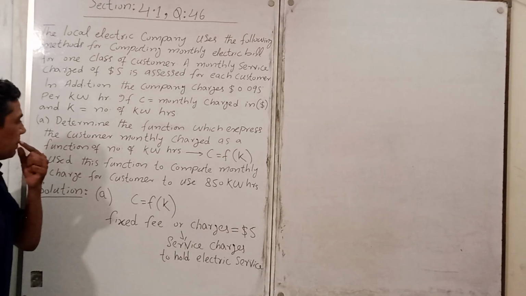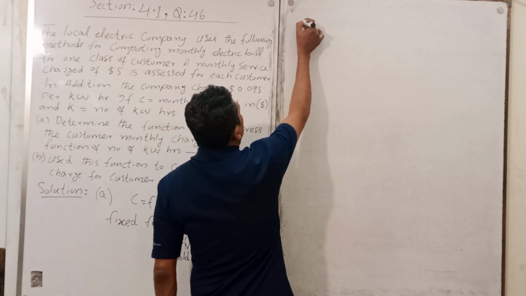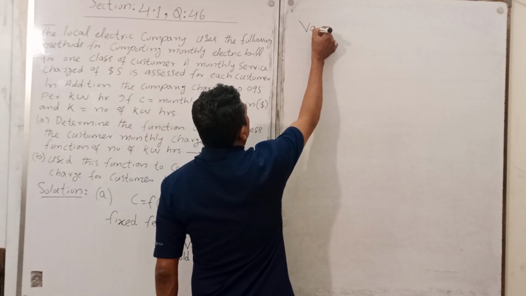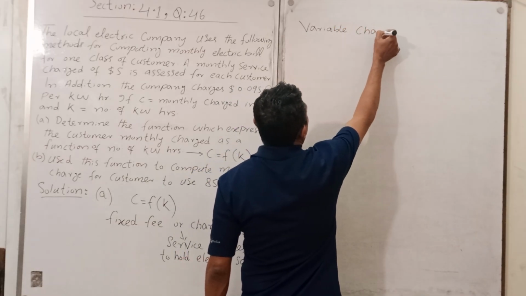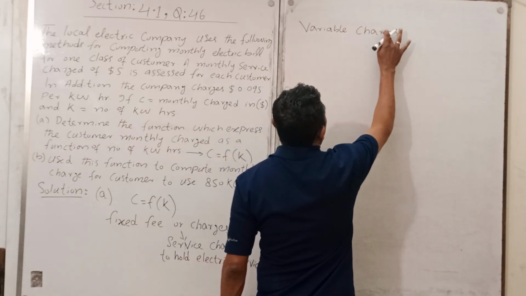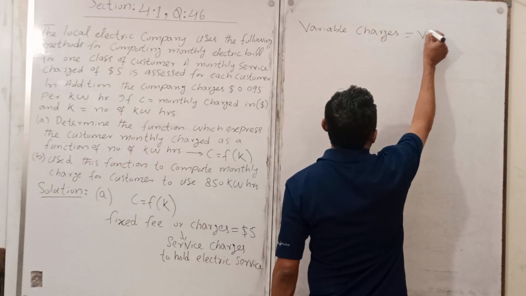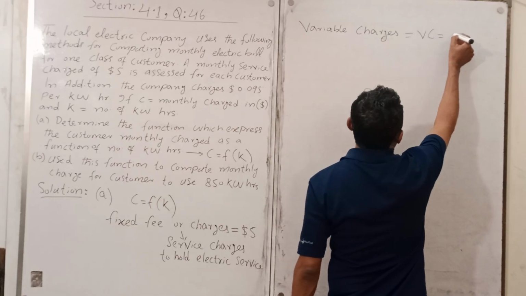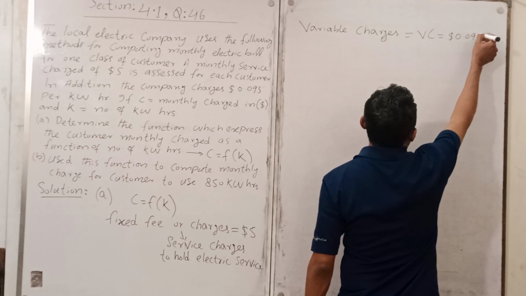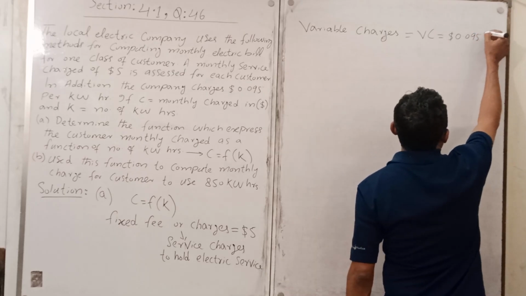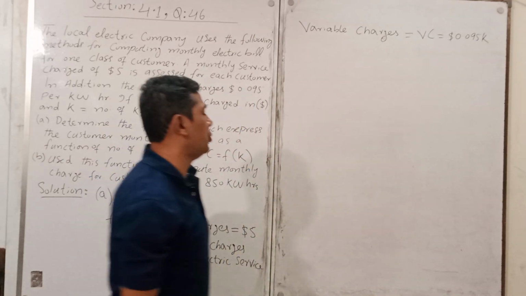And here, variable charges, that is the variable cost, which is $0.095 with respect to the number of units.